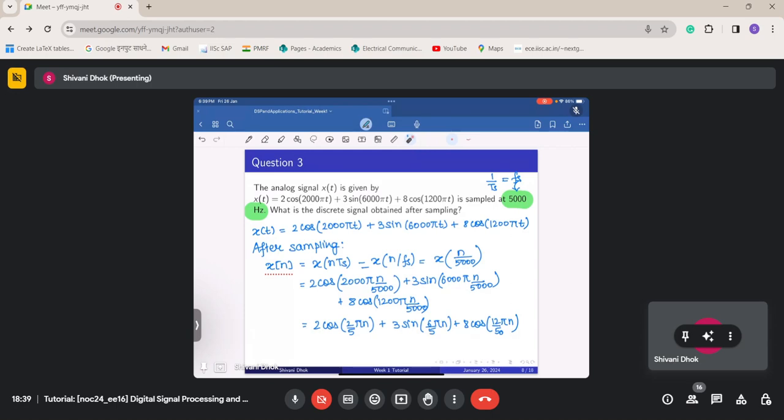How are you saying that the maximum frequency component present is 600 hertz? Because of the third component, 8 cos 1200 pi t. See, this is having a frequency of 600, this is having a frequency of 3000, and this is having a frequency of 1000. Okay, ma'am, sorry. Then 3K. Yes, we can use a 3K filter.